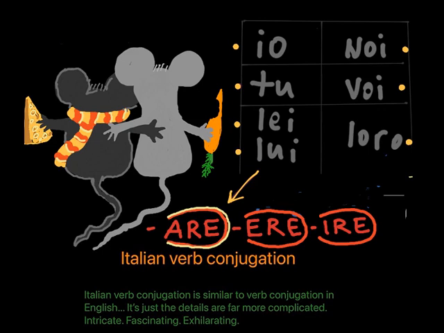So once you know how to use them, you will know that the -are conjugation will be created from the root of the verb. Let's say we'll take a verb. Here we have two mice and they are speaking and eating. So why don't we take the verb to speak?